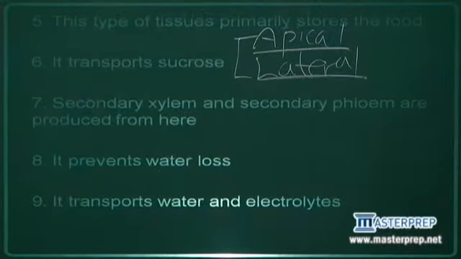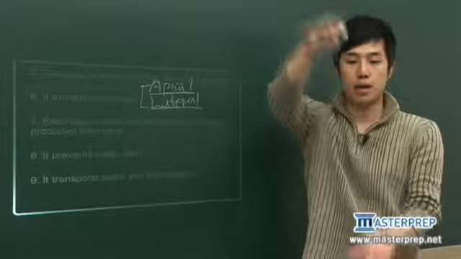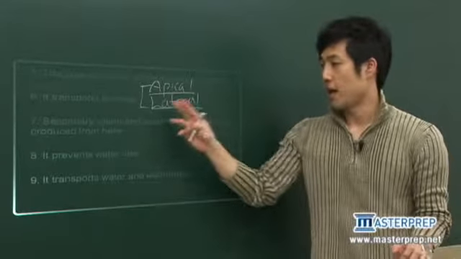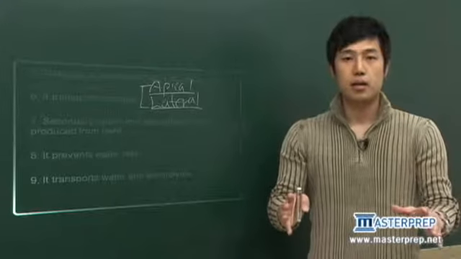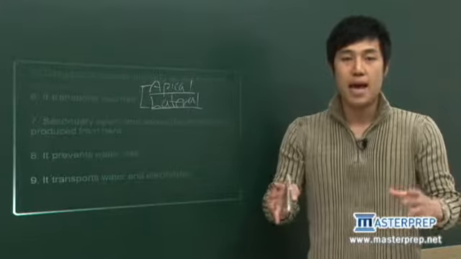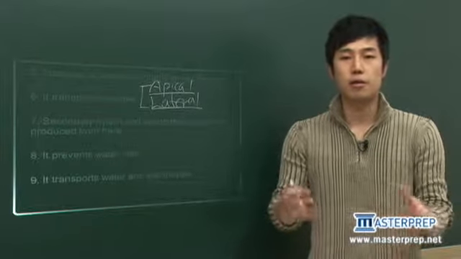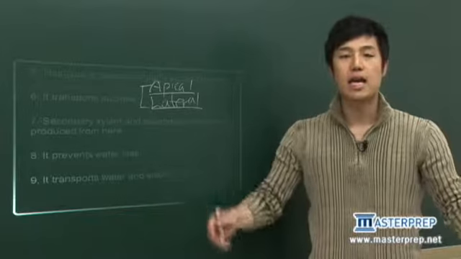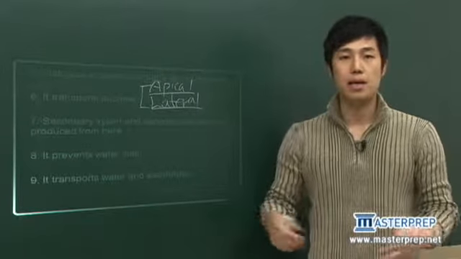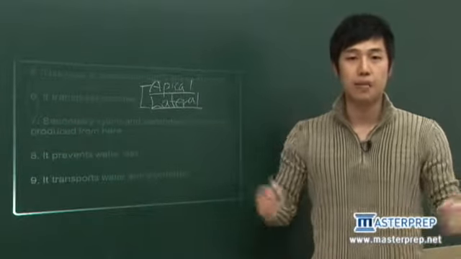Apical meristem is responsible for primary growth. That means growth in length, right? Like a stem elongation or the root projections. And lateral meristem is referring to vascular cambium. So vascular cambium, as they make secondary or the tertiary, quaternary, different phloem and the xylems, they grow in their diameters. So that's why it's called lateral meristem, and that is responsible for secondary growth in diameter, okay?